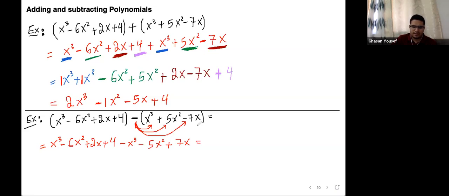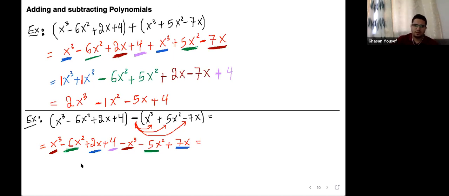Now we're combining the like terms, combining the variables that have the same power. So x to the power 3 combines with this one, minus x to the power 3. Minus 6x squared with the minus 5x squared, and the 2x with the 7x, and I leave the number 4 alone.